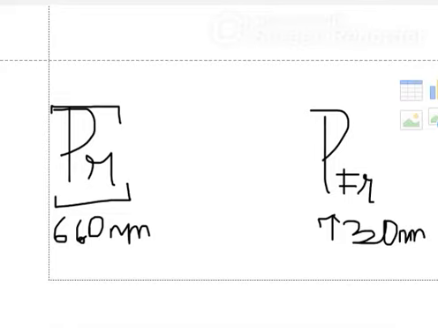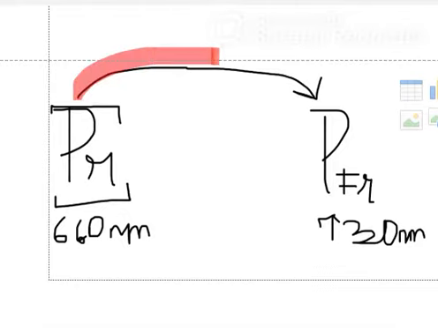So usually the daytime has a maximum of red light and a minimum of far red light. Okay, so daytime has more red light than far red light.